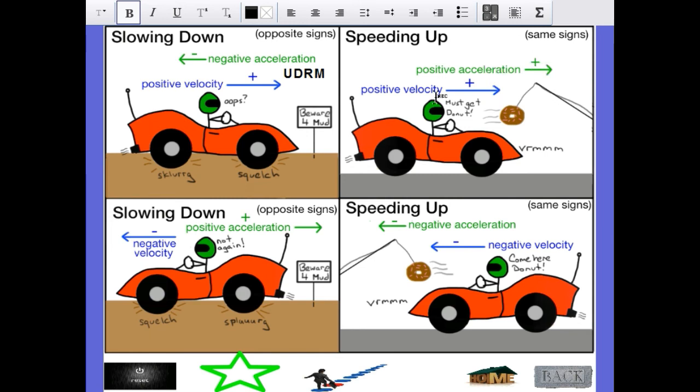The velocity and the acceleration have the same sign. So A dot V is positive, then the motion is uniform accelerated rectilinear motion in the positive sense.